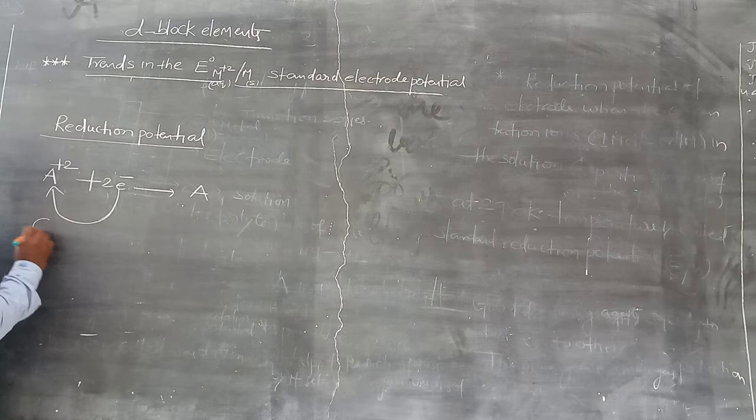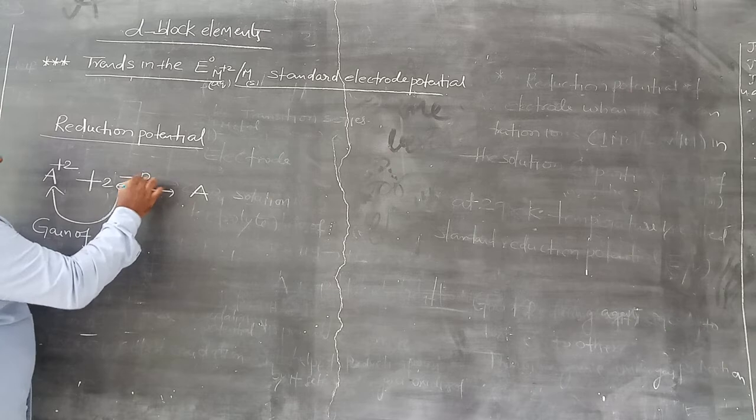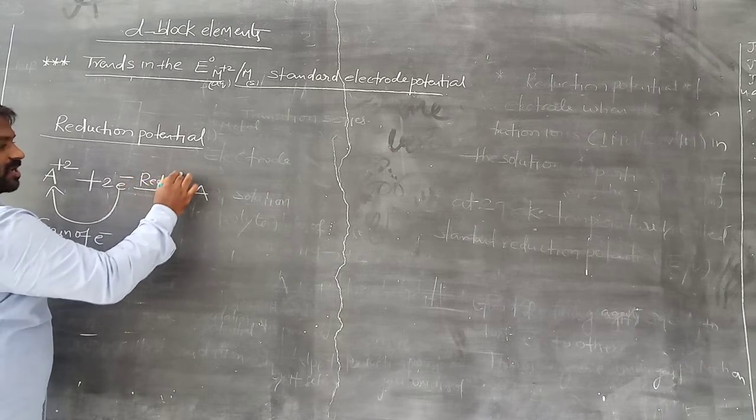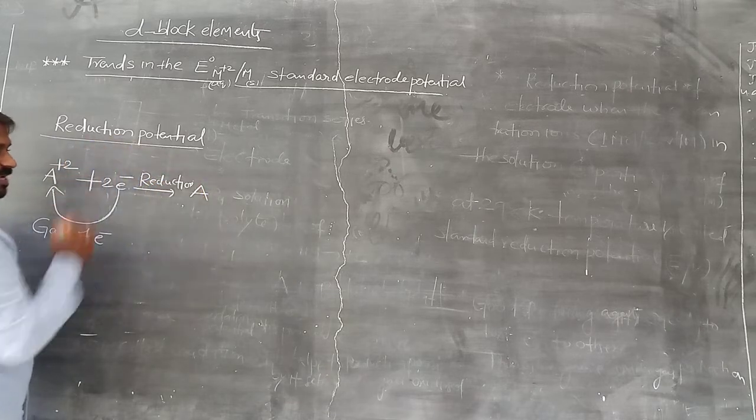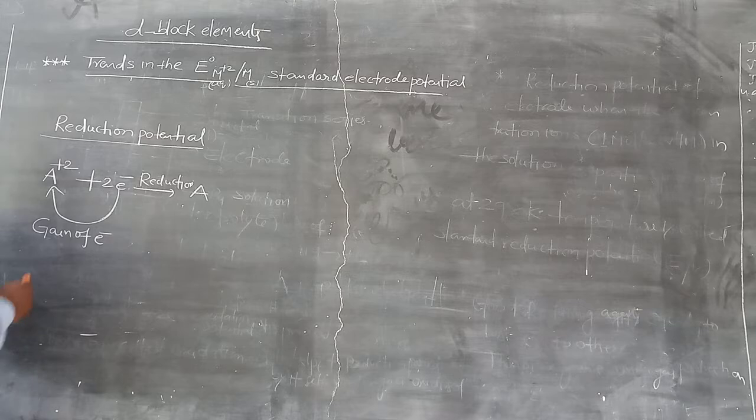Gaining of electron. Gaining of electron is called reduction. So now this gains the electron. The substance which gains the electron is called the oxidizing agent.